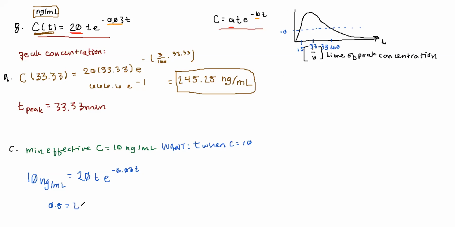0.5 is equal to T e to minus 0.03 T. We've got an issue in that we have T times e to the T. So it'll be really hard to get that T isolated and by itself. So what they want you to do instead is use the graph. Yeah, which is not something that I guess we could do real fast, but there's going to be that line essentially that exists that says this is 10.